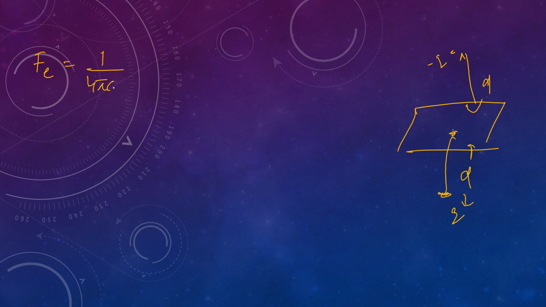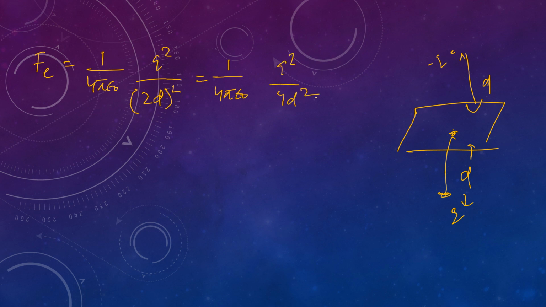Again, I will draw this. This charge is here at a distance d, and the exact mirror charge will be here at a distance d, but of opposite sign. So the electrostatic force between them is 1 by 4 pi epsilon naught q square by 2d whole square, that means 1 by 4 pi epsilon naught q square by 4d square.